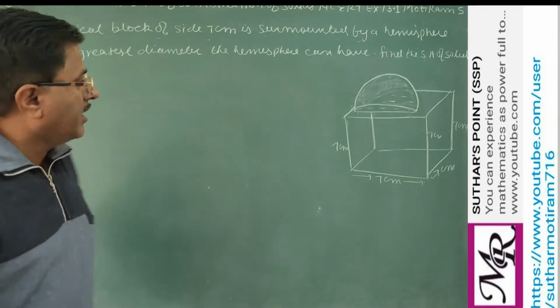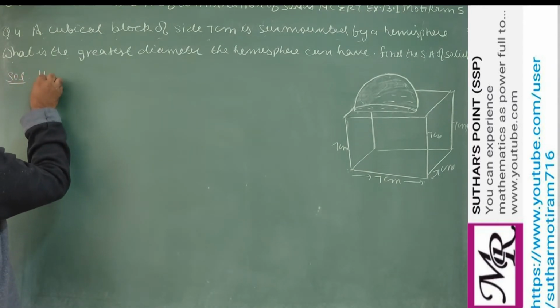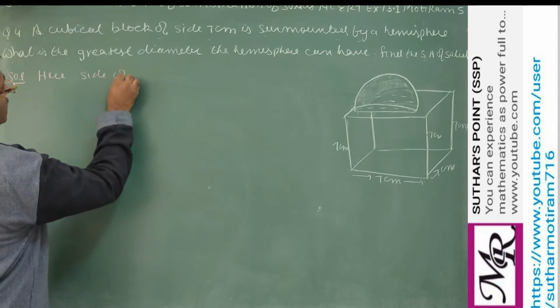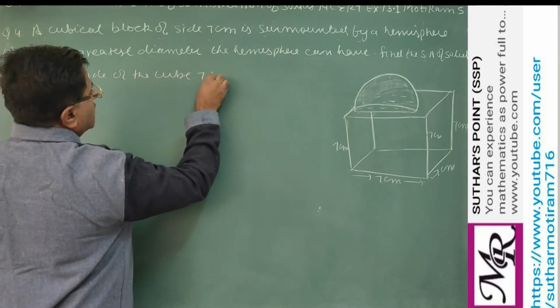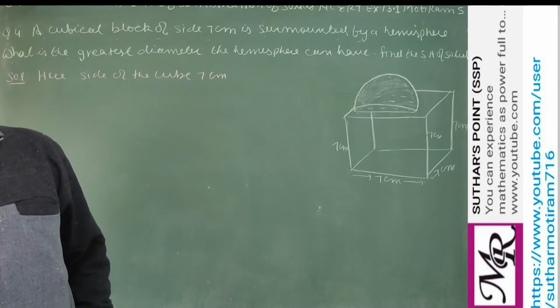So dear student, in the solution we write here: side of the cube equal to 7 centimeter. Now we are given the condition.